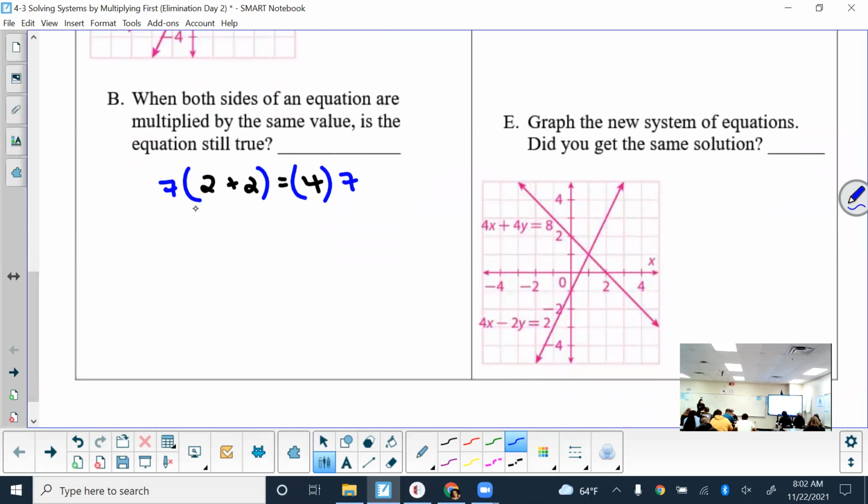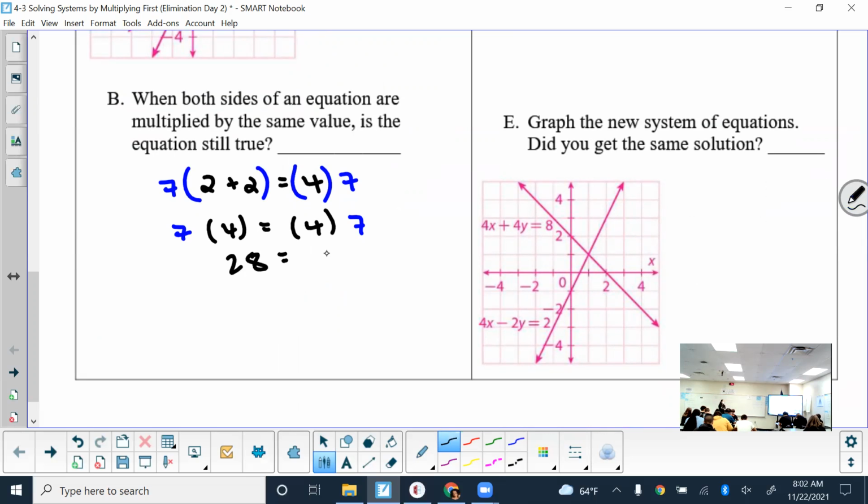All right, so simplify what's in the parentheses. What's 2 plus 2? Good. Equal to 4 times 7. Is that saying the same thing? Yes, and then when we multiply it out, what's 7 times 4?